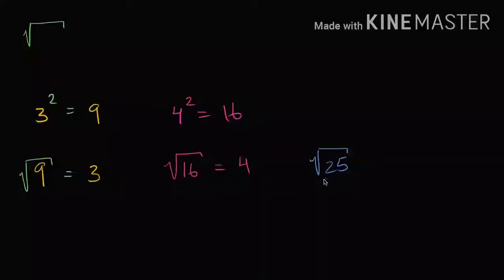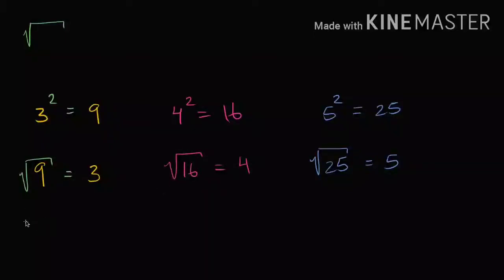This is the number that times itself is equal to 25, or the number where if I were to square it, I get 25. What number is that? That's going to be equal to 5. Why? Because we know that 5 squared is equal to 25.